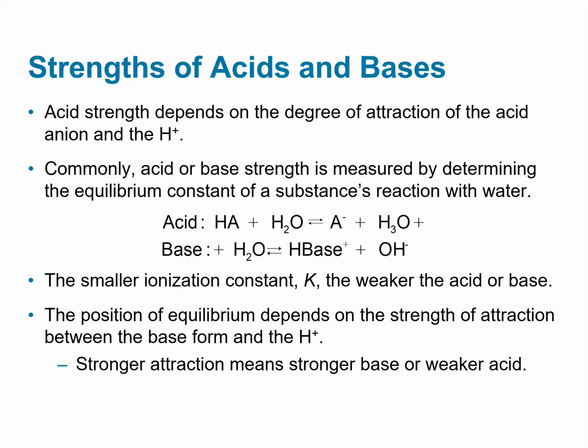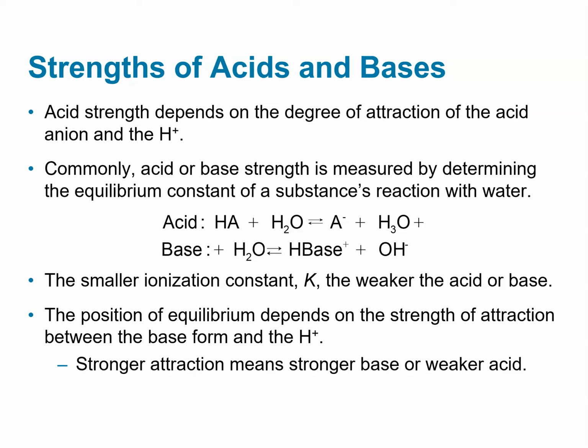The happier it is to have it bound, the harder it is to let go of it so that it can behave as an acidic proton. That's really the rationale underlying what makes something a strong acid. A strong acid needs to readily give up that proton, meaning the attraction between the anion and the proton can't be very strong. It doesn't mean it can't behave as an acid, it just won't behave as a very strong acid.